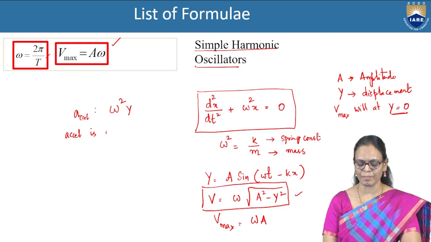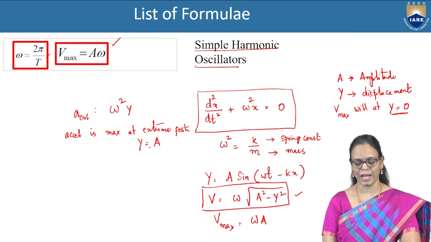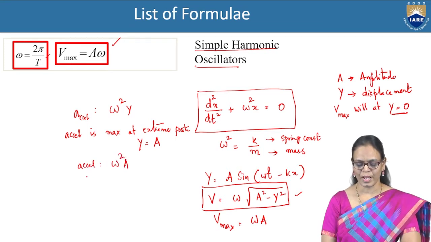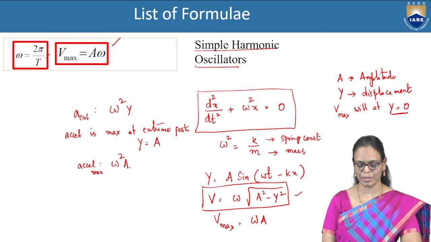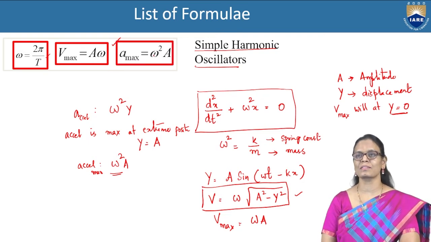Acceleration is maximum at the extreme position, which means when the displacement is maximum, that is equal to amplitude. So when y is equal to a, the acceleration is maximum, and acceleration maximum is given by omega square a. So a max is equal to omega square a.